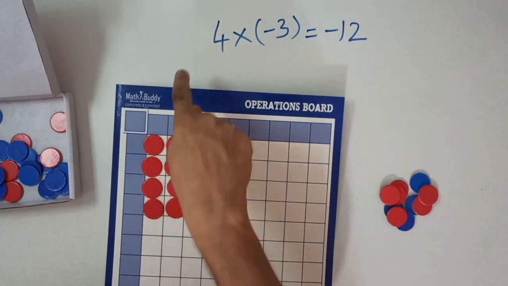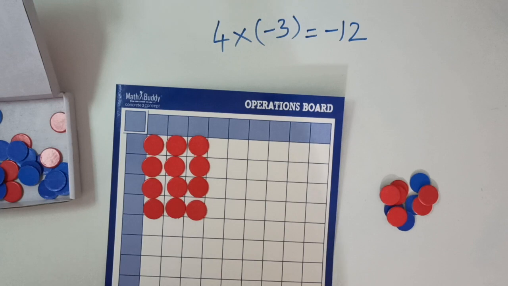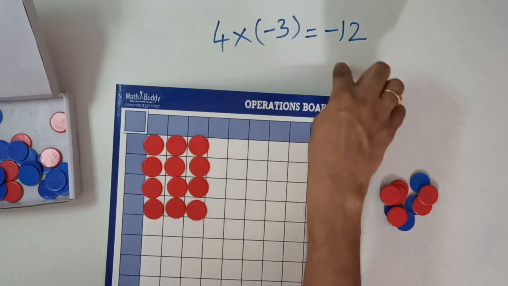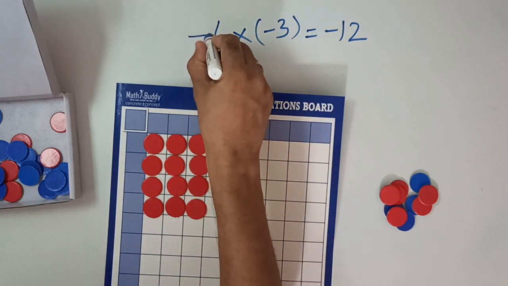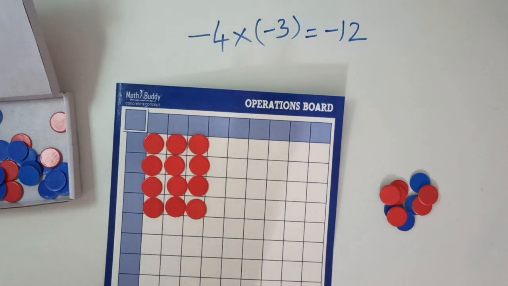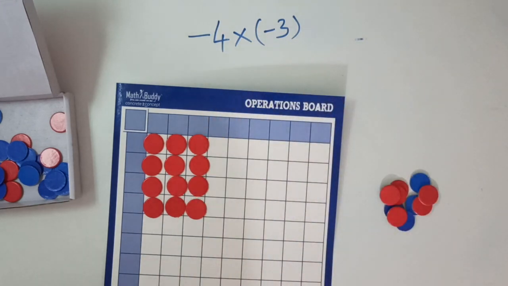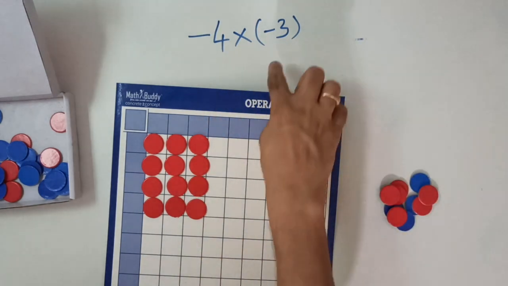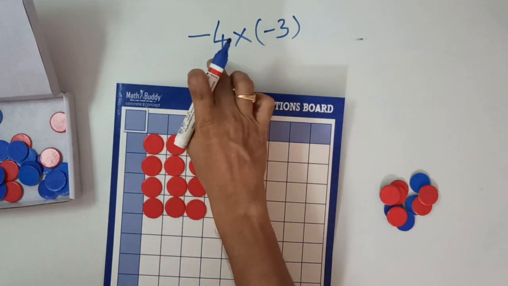Now in cases where you have a negative sign in front of the number of groups, what we do is exactly whatever we have done so far, except that if this has a negative sign, we flip over the coins. So if you have, for example, minus 4 times minus 3, then I take 3 red chips first.